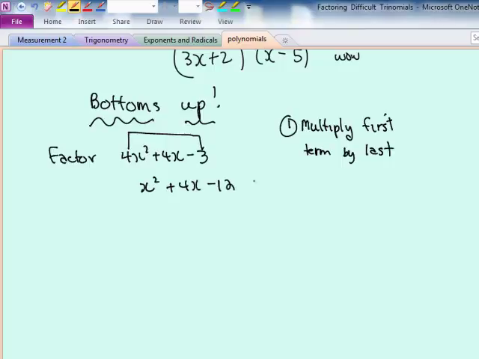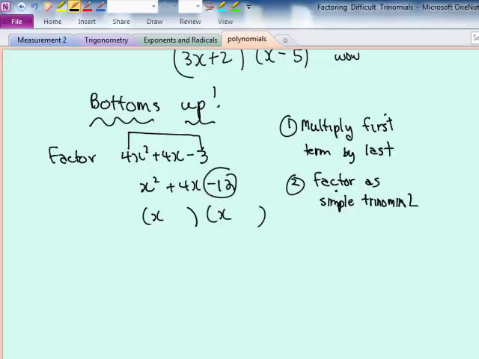Pretty straightforward. Second step, factor as a simple trinomial. So we know how to factor a simple trinomial. Remember, x times x is x squared, factors of negative 12 that add up to 4: plus 6, negative 2.